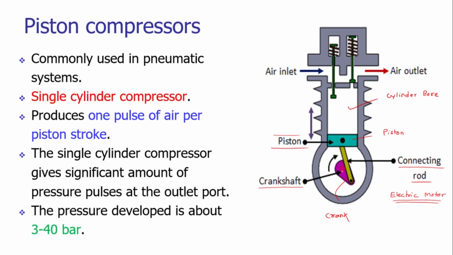So the crankshaft is rotating, the crank will also rotate, but the crank is connected to the connecting rod, and due to the restrictions given to the movement, the piston will reciprocate inside the restriction given, that is the bore.